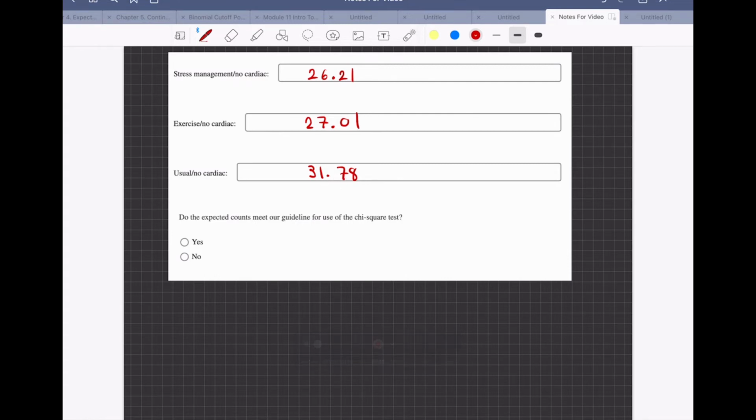Okay? Now, next question. Do the expected counts meet our guideline for use of the chi-square test? The answer is yes. But what is that guideline? All the values for the expected counts must be, not should, but must be, greater than or equal to 5.